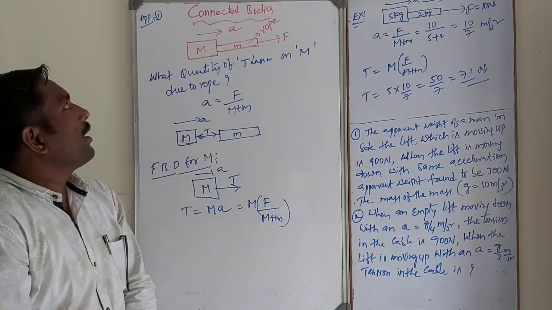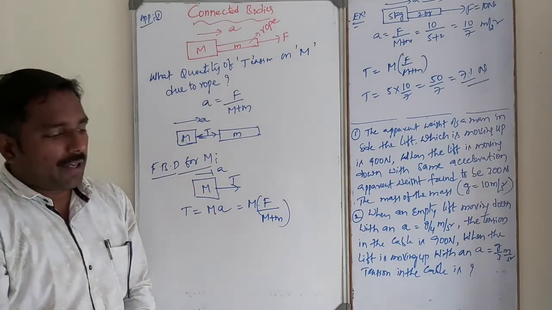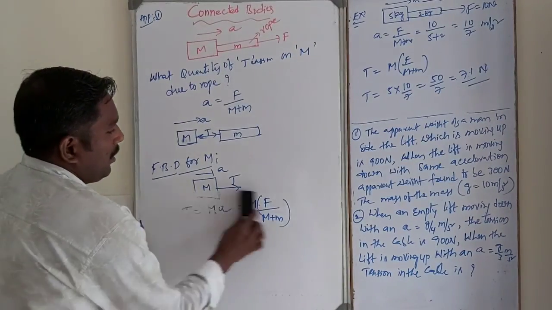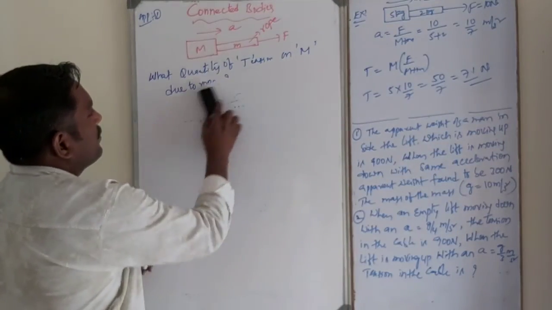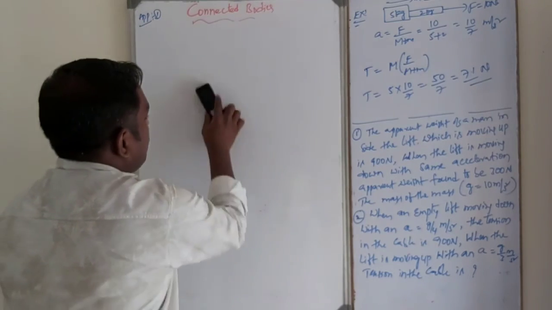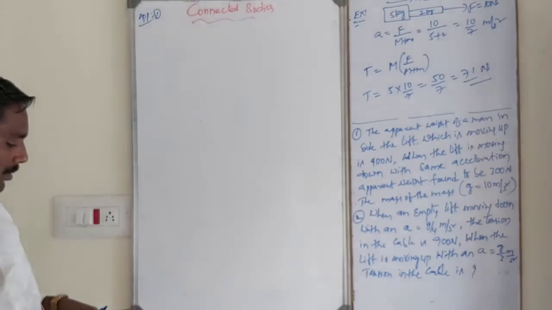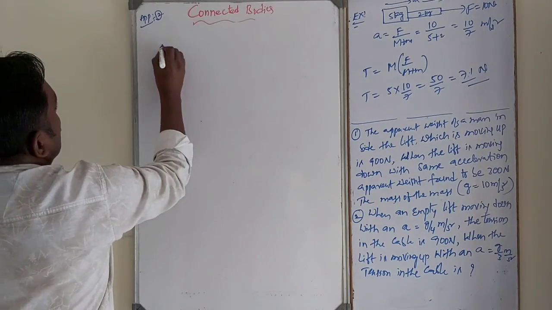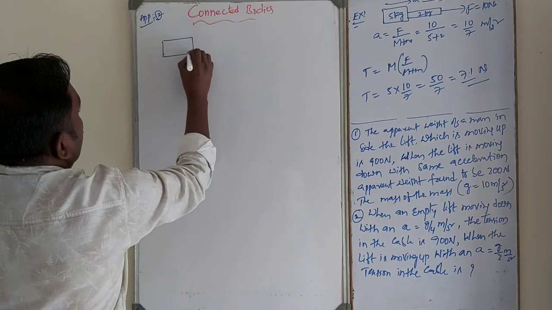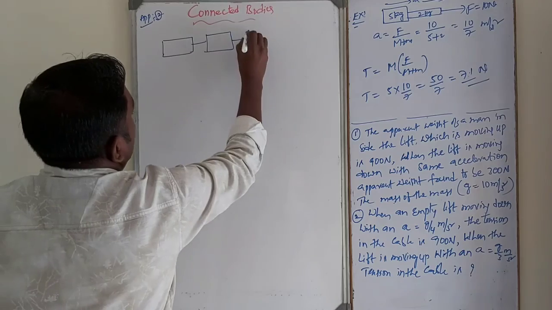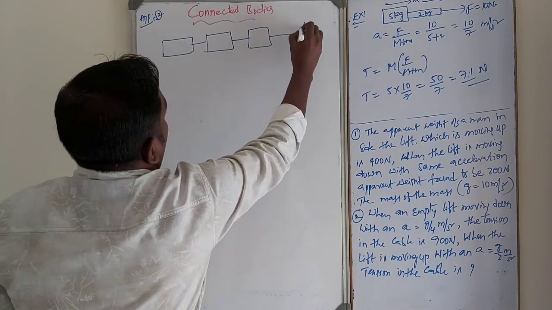So this is an important application in case of connected bodies. One more application in case of connected bodies. So like this, three bodies connected end to end. This is the applied force.